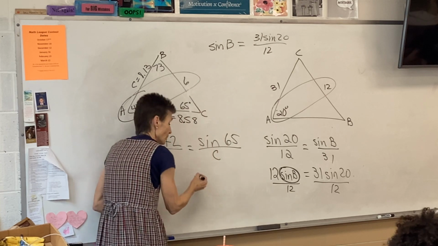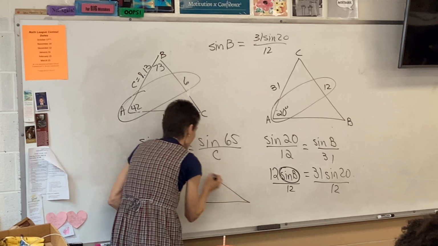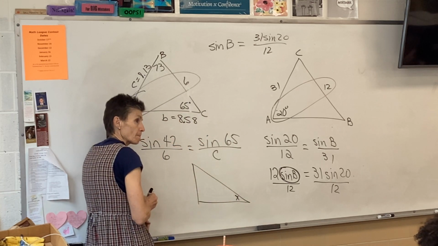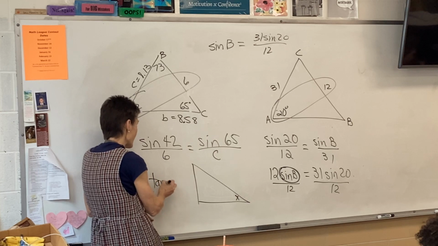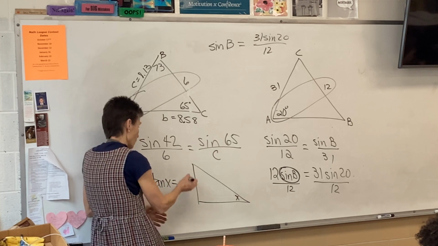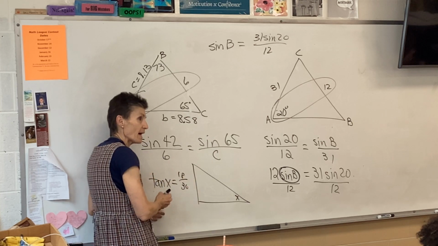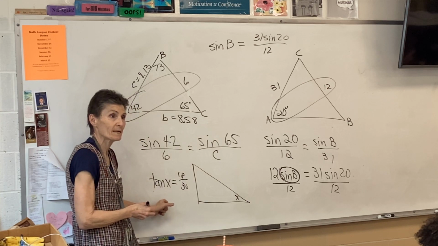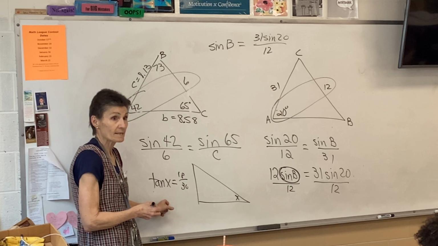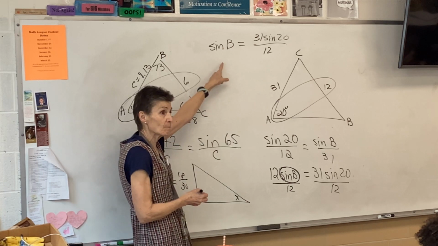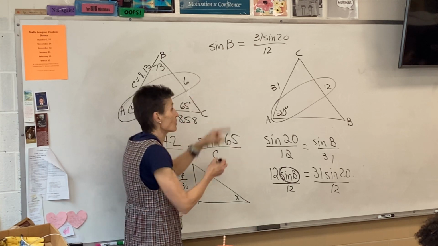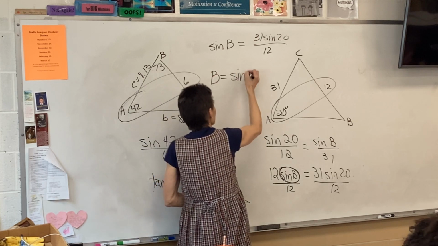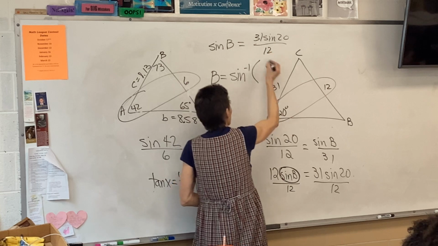What did we do when we had the bird in the top of the tree and we said tan X equals 18 over 30 or something like that? How did that get typed into my calculator? Second. Isn't that the same thing, you guys? So what's going into the calculator is second sine of that number.